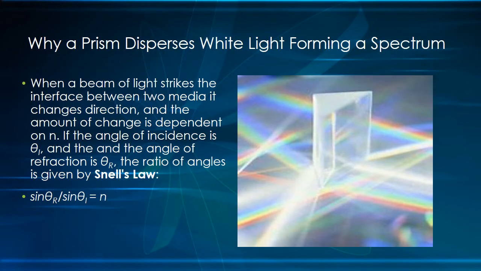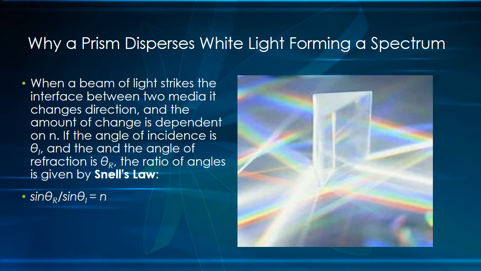Why does a prism disperse light? When a beam of light strikes the interface between 2 media, it changes direction, and the amount of change depends on n. You already know what n is. n is a constant.